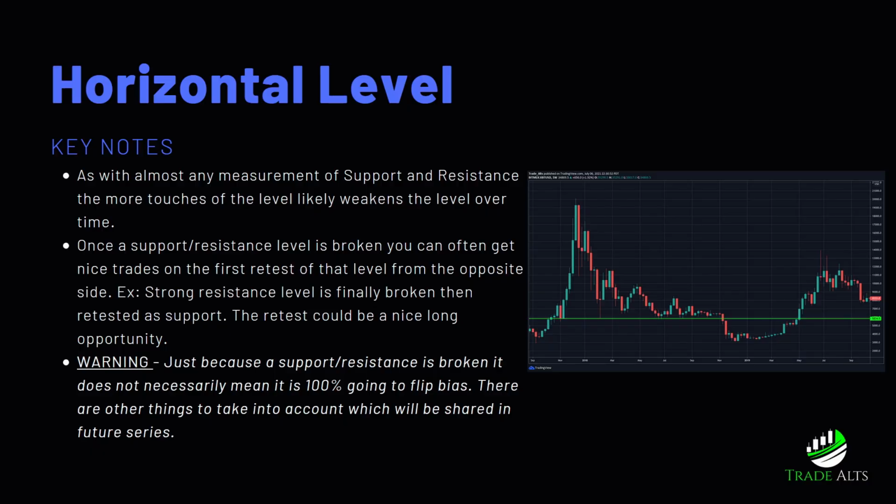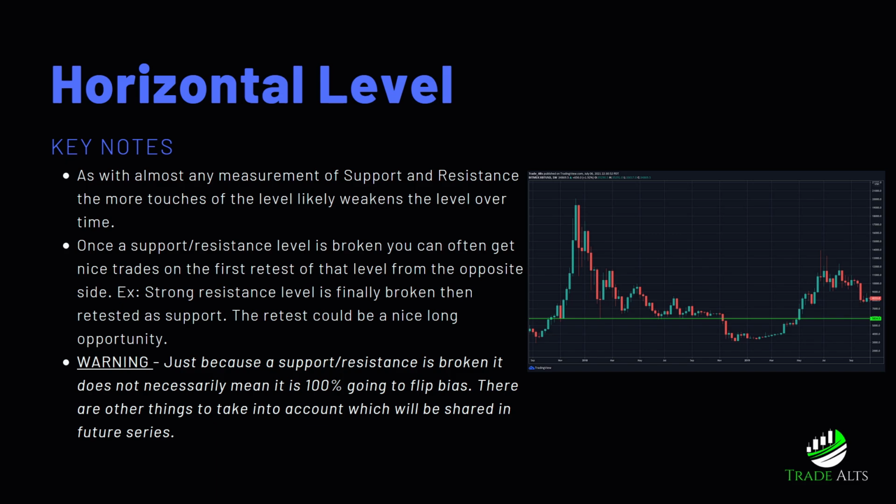All right, so some important keynotes, some things to remember. With almost any measurement of support and resistance, the more touches of the level, it likely weakens the level over time. What I mean by that is, if you get the same support resistance level touched multiple times, meaning 2, 3, 4, 5 times, the more times that level is touched, the weaker it becomes over time.